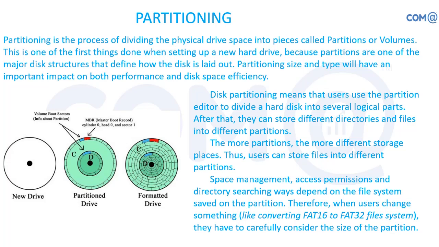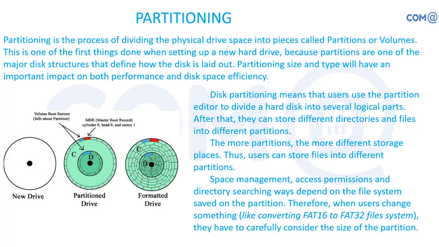Cylinder 0 means track 0 of all the platters. Platters have 2 sides, so 3 platters give 6 sides. Track 0 of the 6 sides is called cylinder 0. So cylinder 0, head 0, sector 1 is the first sector. Sector number always starts from 1, cylinder number starts from 0. That is a standard we follow.